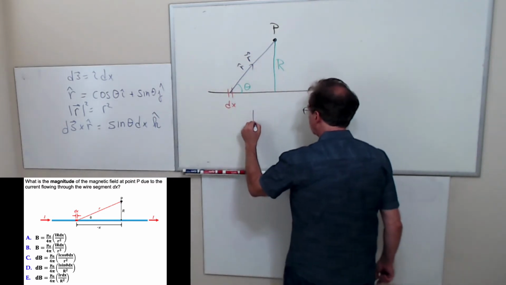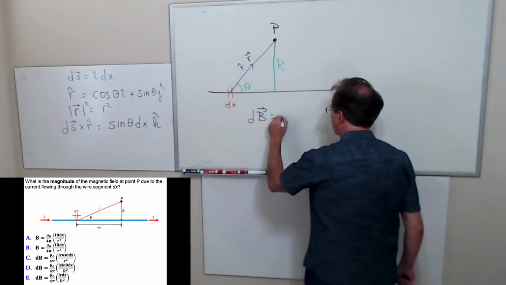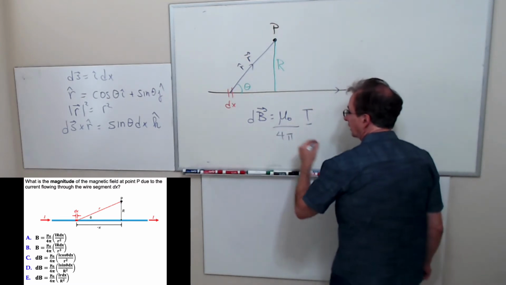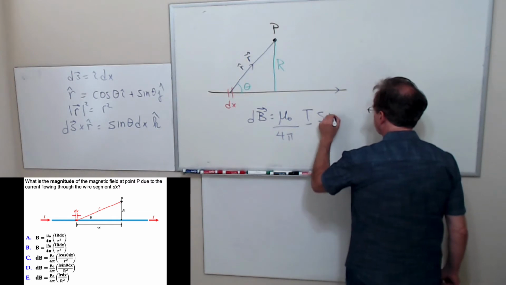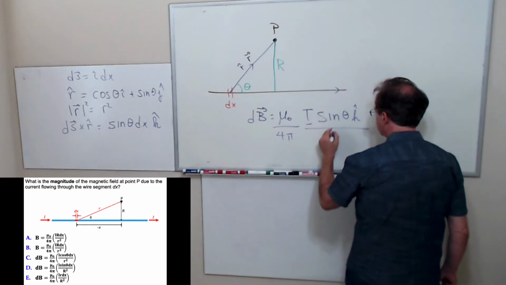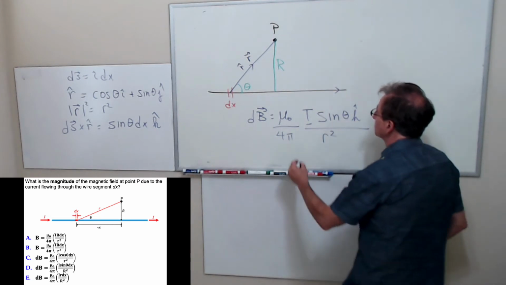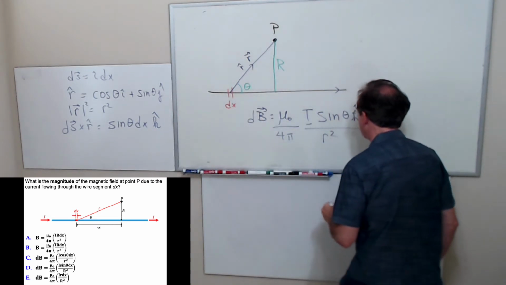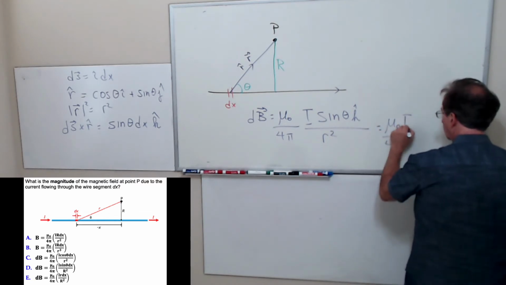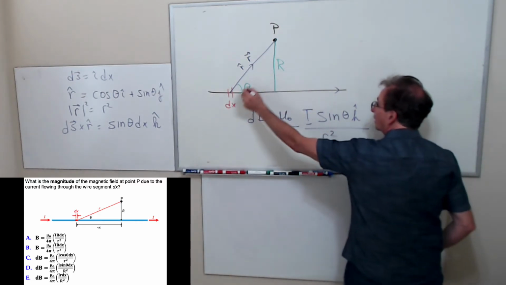So then I put this all together, dB, and the question is asking for the magnitude, but we'll get to that, is mu 0 over 4 pi times I ds cross r hat over r squared. So all I got to do now is figure out what sine of theta is. Sine of theta is basically going to be this distance divided by the hypotenuse. And so that's going to be big R over little r.